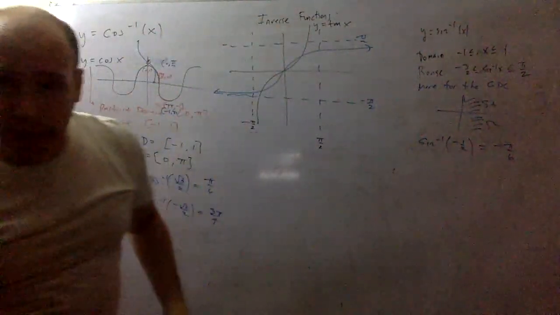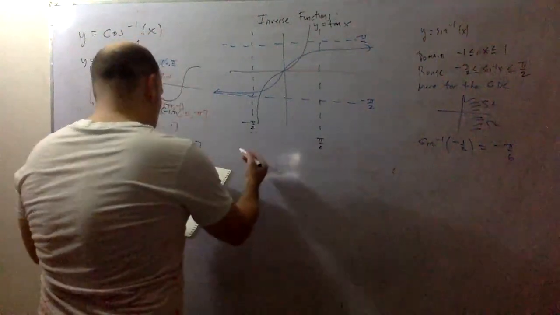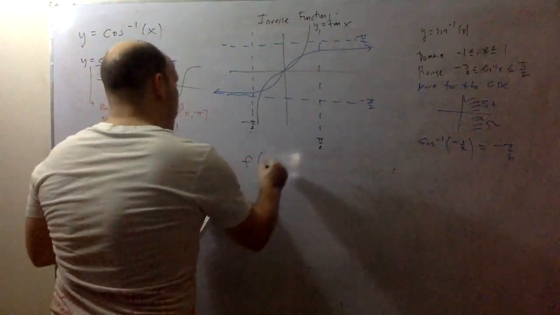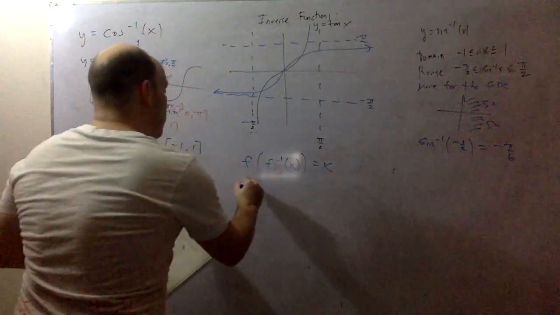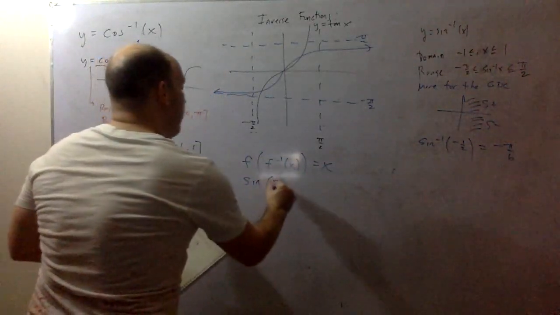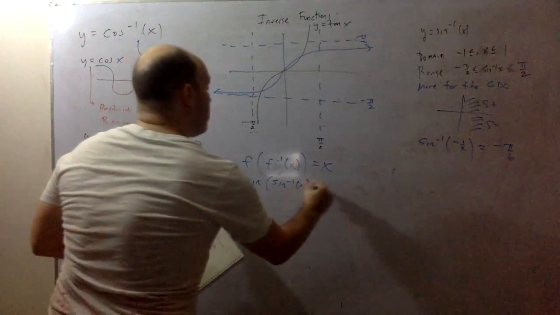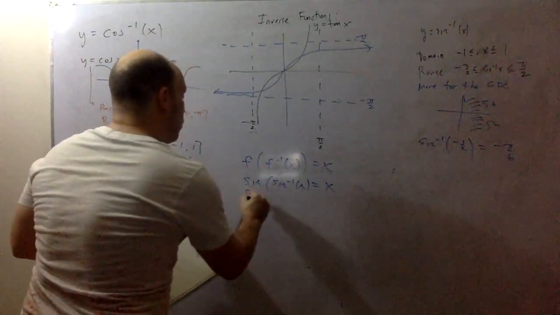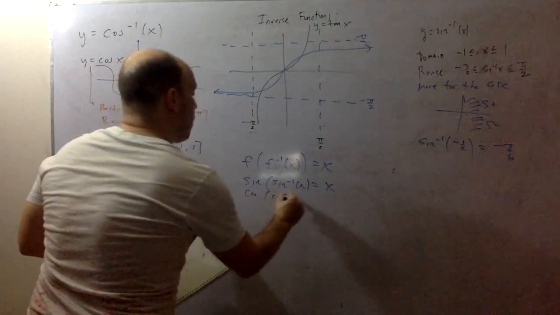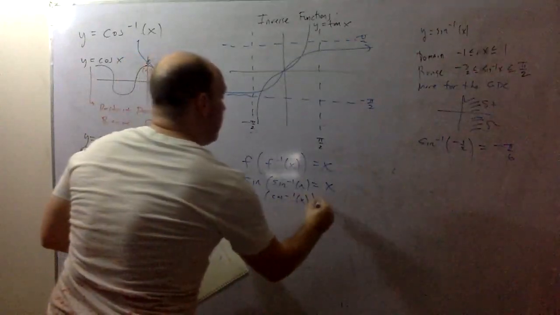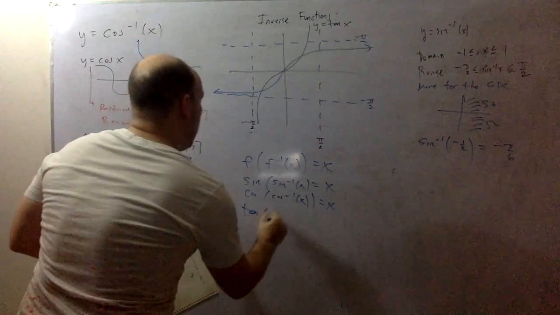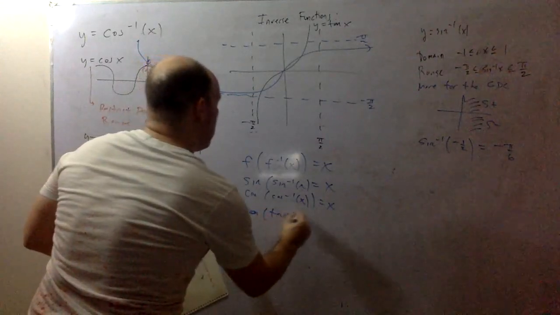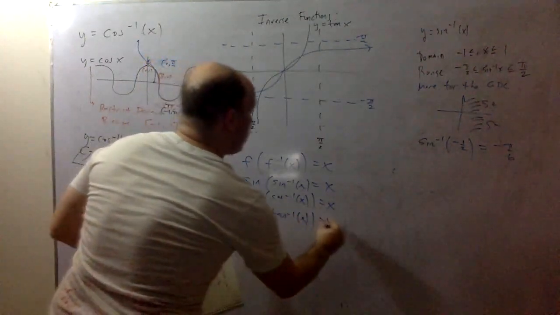So just little things. The idea is inverse function. We know that f of the inverse function of anything is equal to x. So one example is the sine of the inverse sine of x is equal to x, and we can use cosine. The cosine of the inverse cosine is x, and the tangent of the inverse tangent equals x.